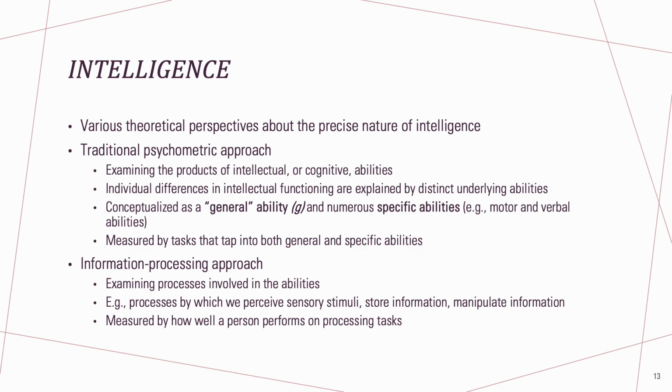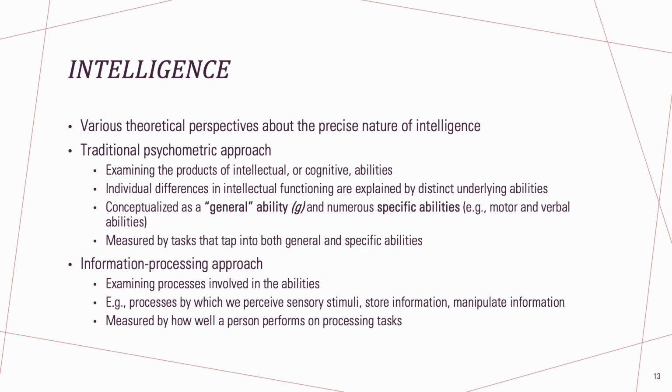So it really focuses on individual differences in intellectual functioning and looks at the distinct underlying abilities that might explain these differences. And they typically look at general ability or G factor and specific abilities.